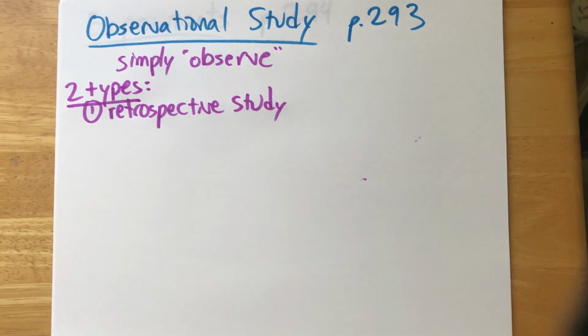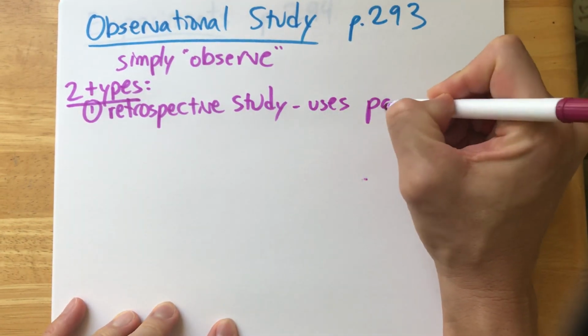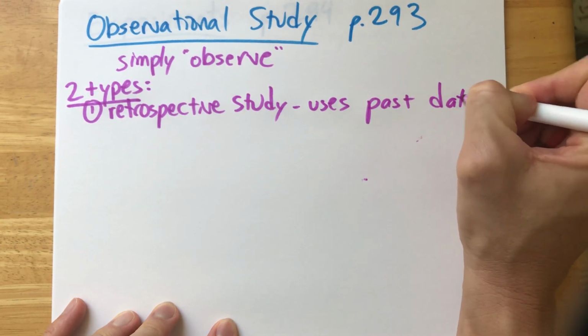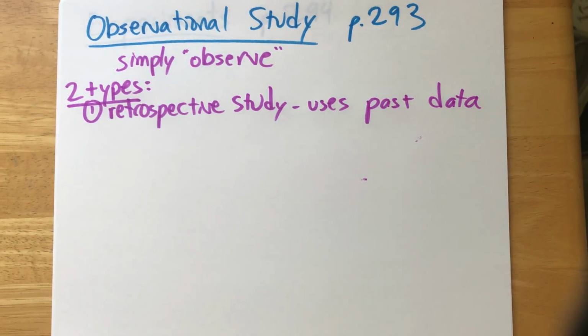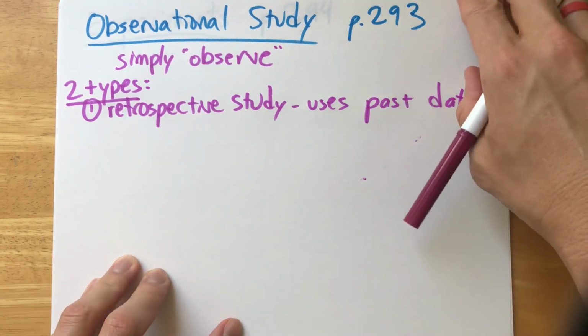Retrospect, right? When you say in retrospect, you're talking about something in the past. So a retrospective study just looks at past data. Okay? The other one, on the next page, page 294, is the prospective study.